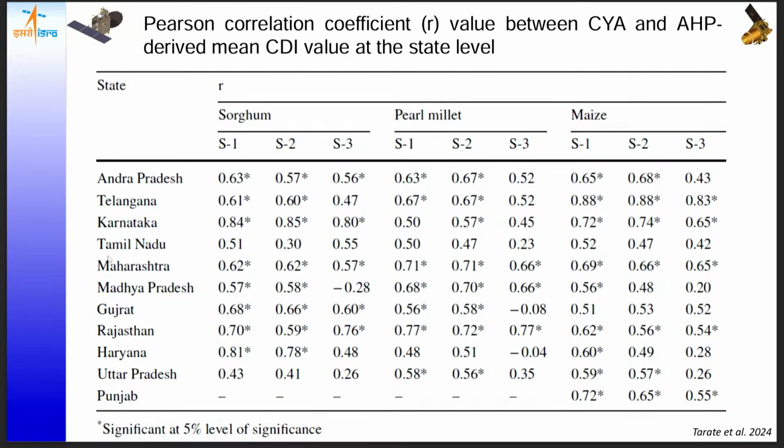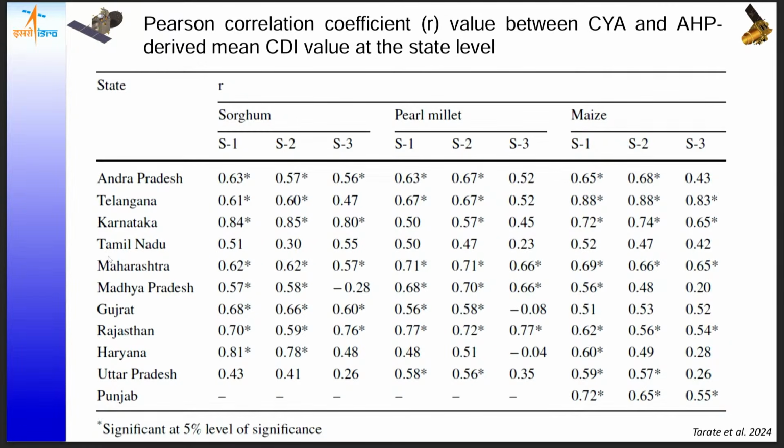When we considered these crop yield data sets and generated the crop yield anomaly based on a detrending practice, and correlated at the district level in the three different scenarios, these are the results we found at a significance level of 5%. That is a very clear-cut picture: in the majority of scenarios, the combined drought index was significantly correlated with the crop yield anomaly data sets.